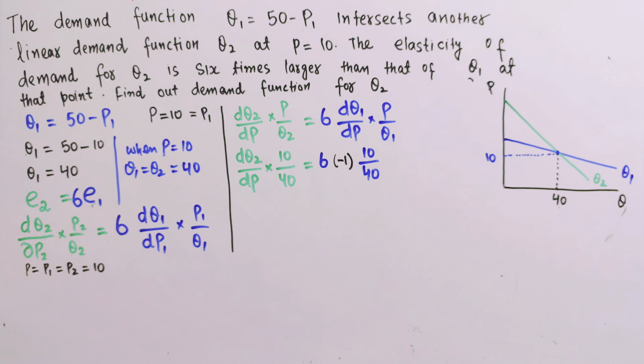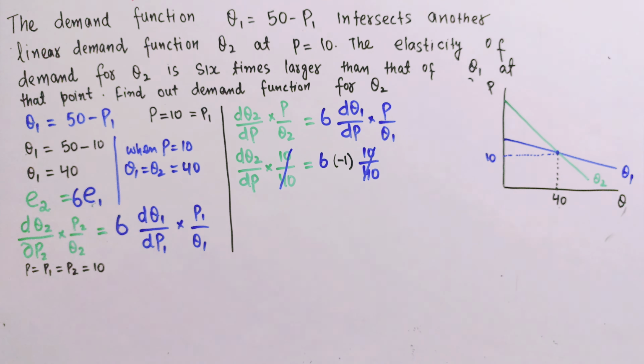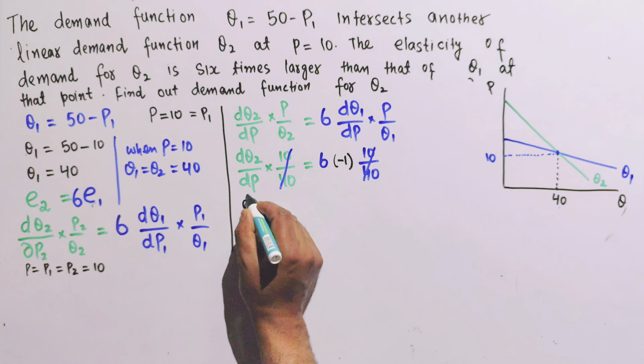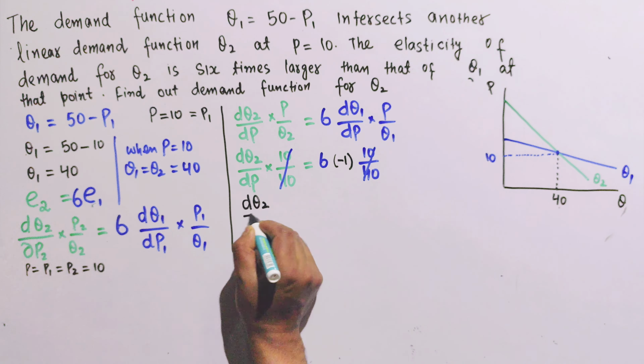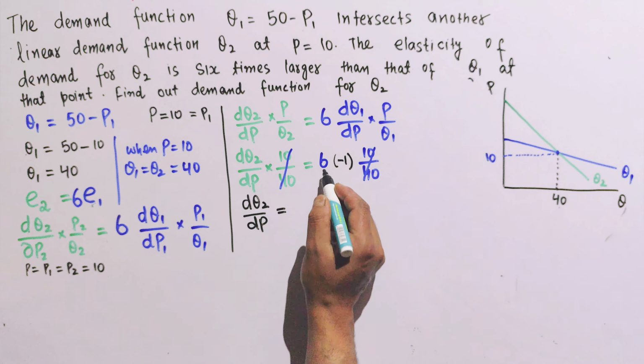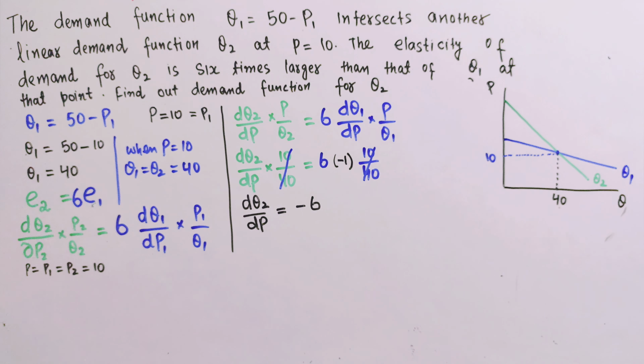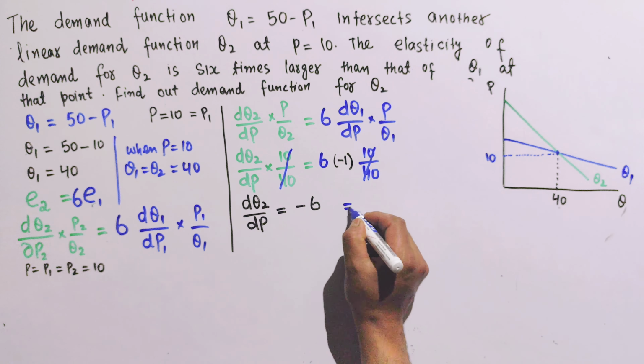Here 10 upon 40 gets cancelled on both sides, which gives us dQ2 upon dP is equal to minus 6. Can we do one thing?